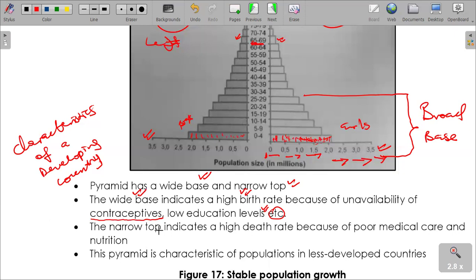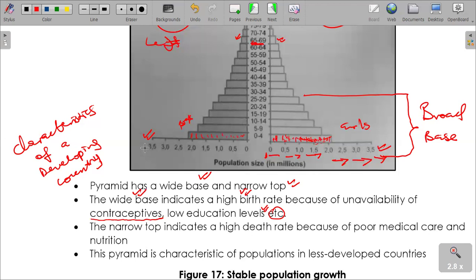And then low education levels. In developing countries, quite a lot of people are still not much empowered with regard to population planning or family planning. As a result, we experience a high birth rate.